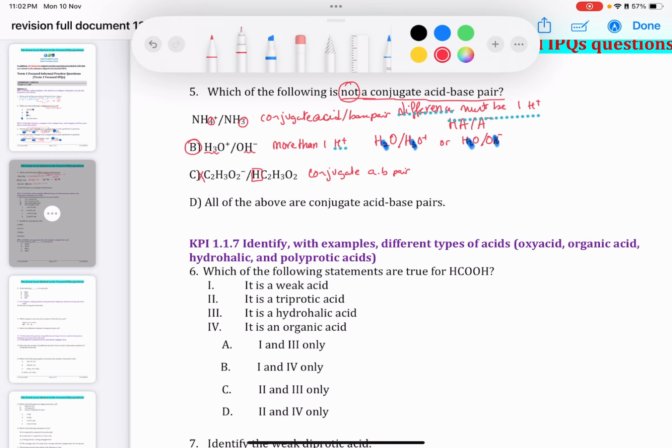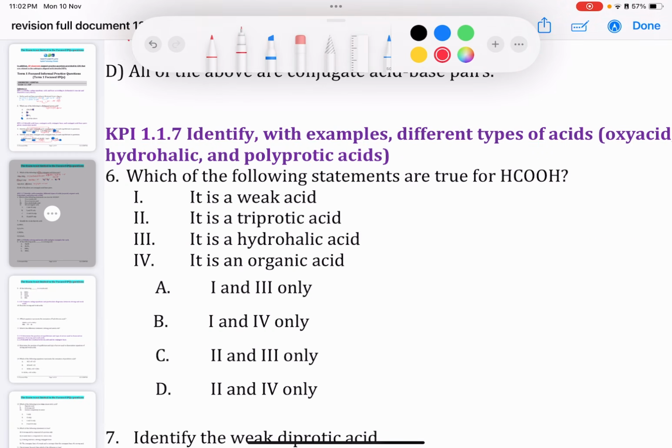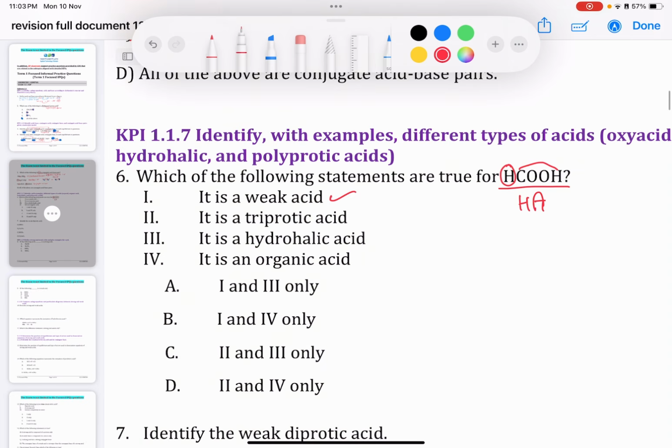Moving on with the question. Which of the following statements are true for HCOOH? Now here, this is an acid, and this is the one that can be donated. If the formula is complicated for you, you can simply replace this part with HA. Now, this is a weak acid because the list of strong acids, you have to come to the exam knowing it.